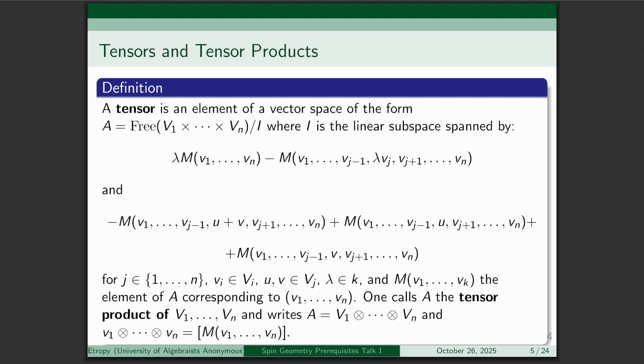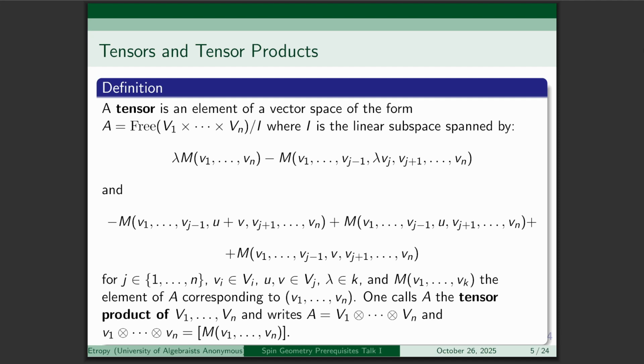So you have to be careful. For example, let's consider the vector space R^2, so R times R. If we take the free vector space on that, which I've noted here with this mathrm free expression, then you would have the vectors (1, 1) and (2, 2).